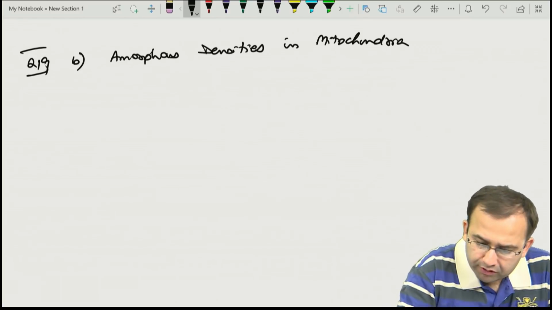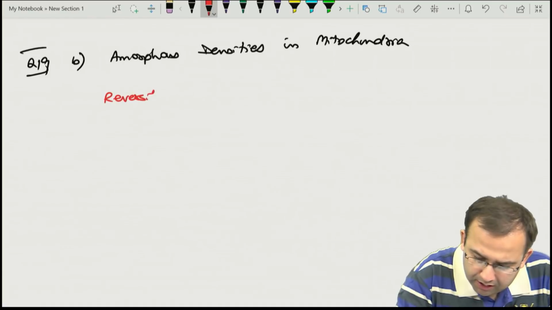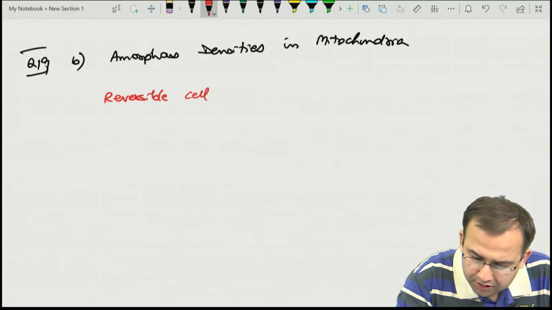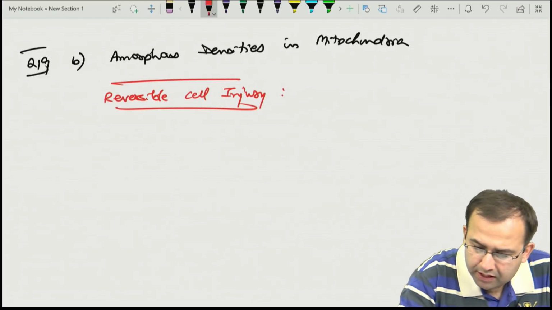Before we go further, let us have a look at reversible and irreversible cell injury. Starting with reversible cell injury.